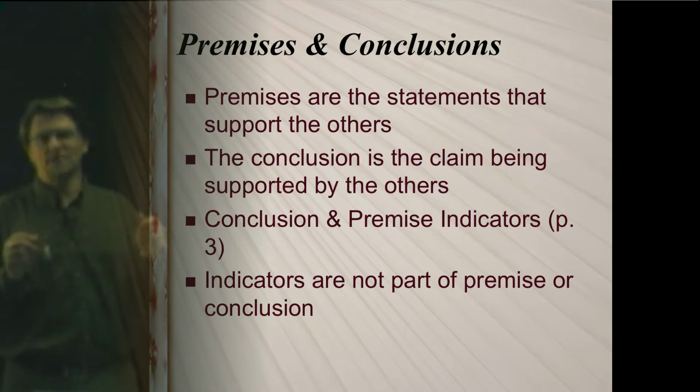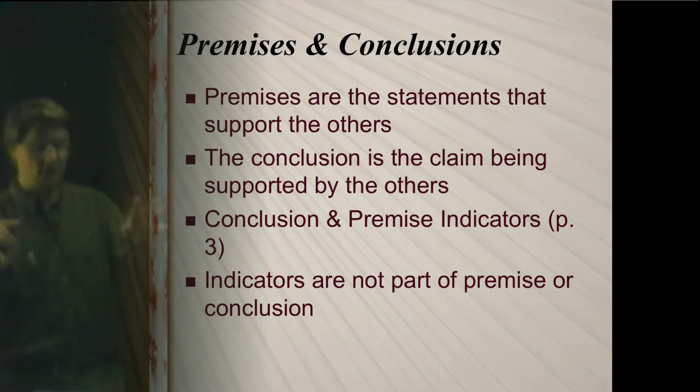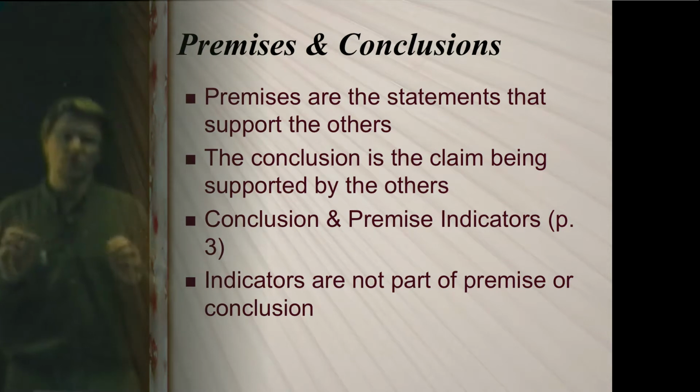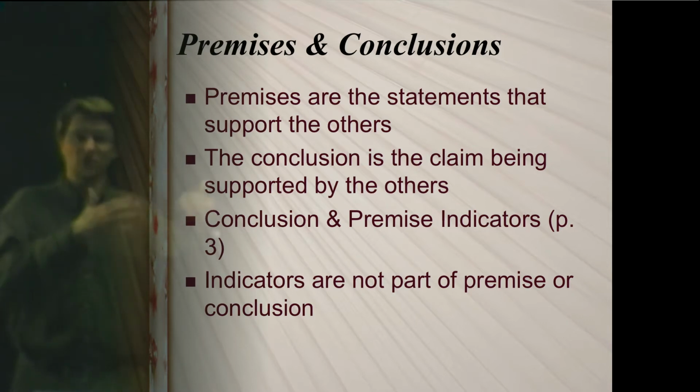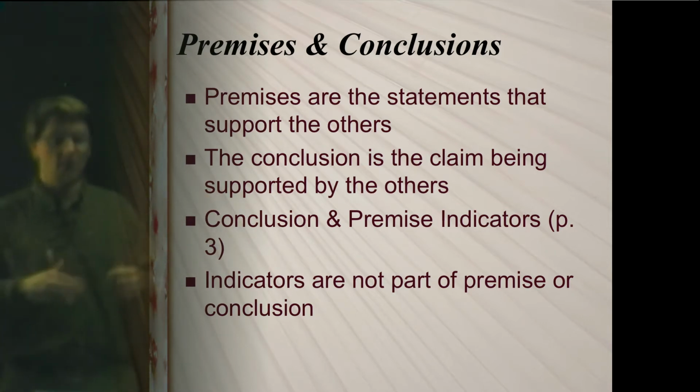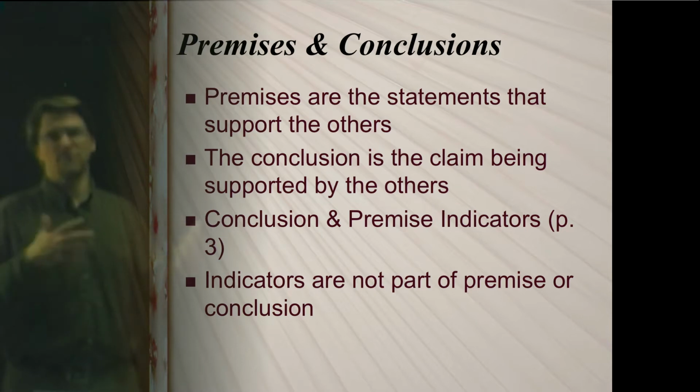And you can do that simply by circling those components in the passage. But what you don't want to circle, and here's my point, you don't want to circle the indicator words. You don't want to circle thus or because. Those are signs telling you where the premise or the conclusion might be found, but they aren't actually part of those things.